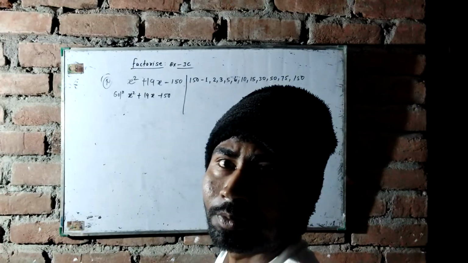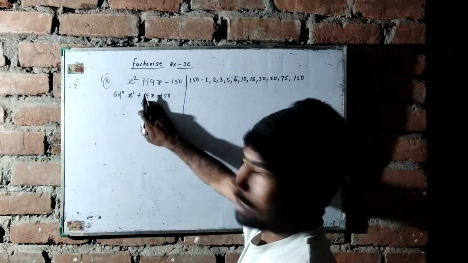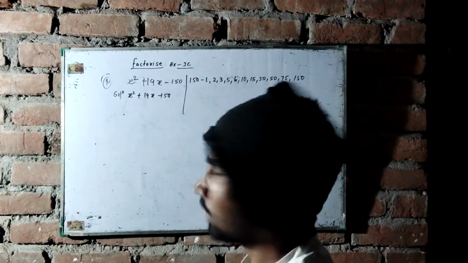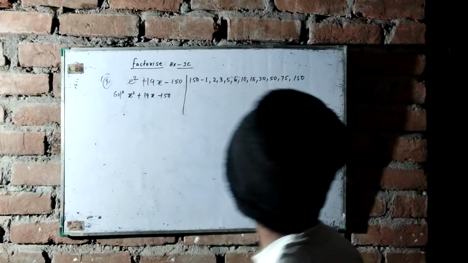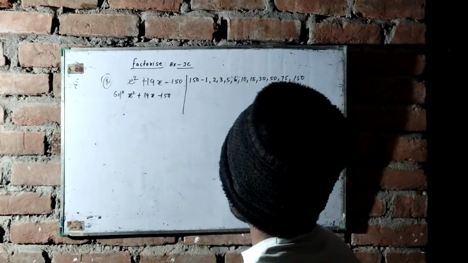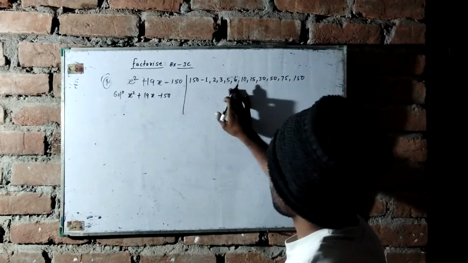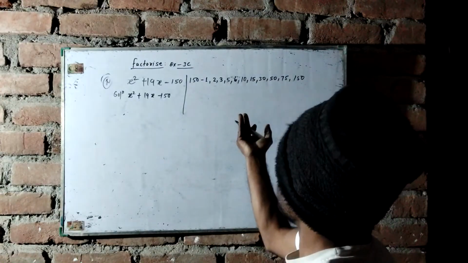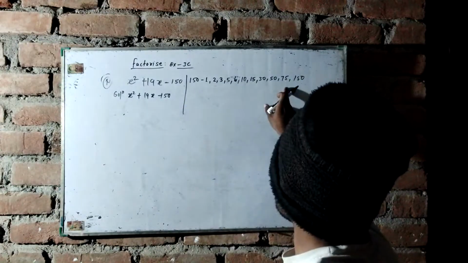Now choose two numbers whose sum will be 19 and their product will be 150. So have a look, guys. Choose two numbers whose sum or difference will be 19 and their product will be 150.